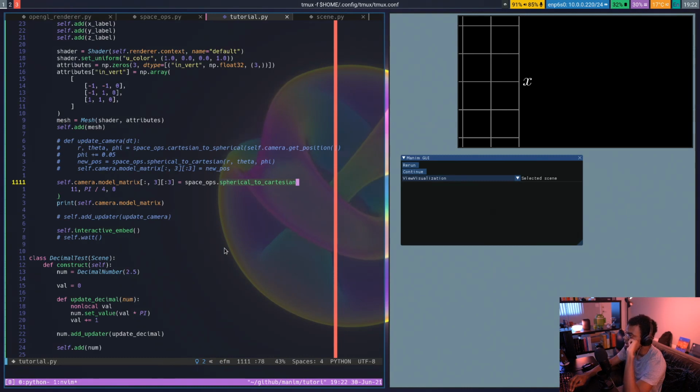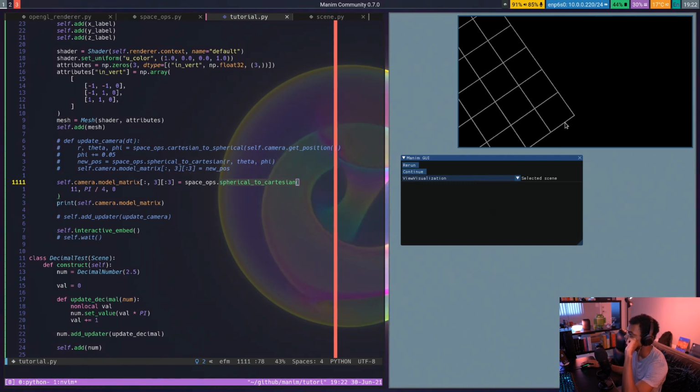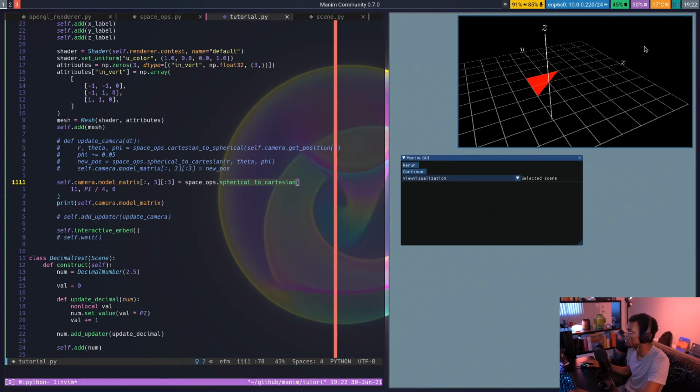And to do that, I think I got to do some spherical coordinate stuff. Because now it's not focused on the origin, so all the rotation logic is off.